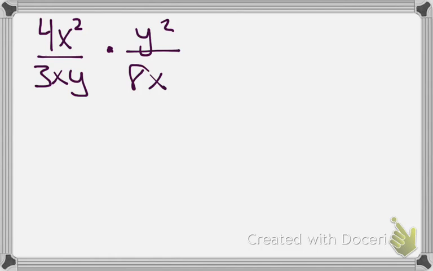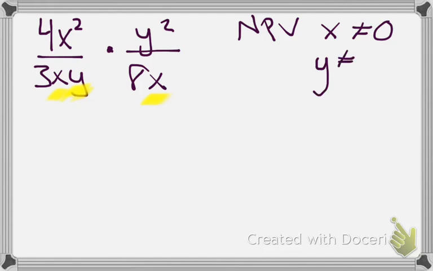Like we said, our first step is always to factor, which we can't really do right now because we're looking at just monomials, but we do know our NPVs. We look in the denominator and we say, okay, we have some x's, so x cannot equal 0. And I also have a second variable, a y, so that has to be included as well. So y cannot equal 0.